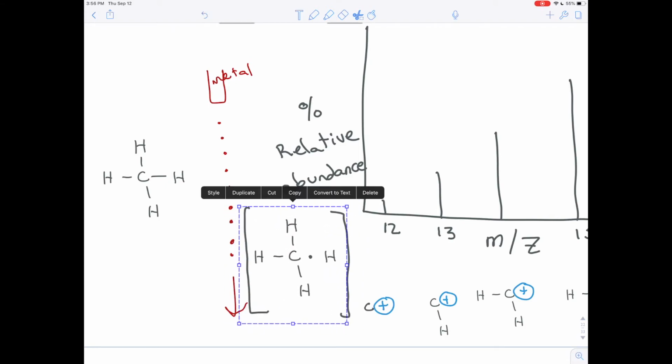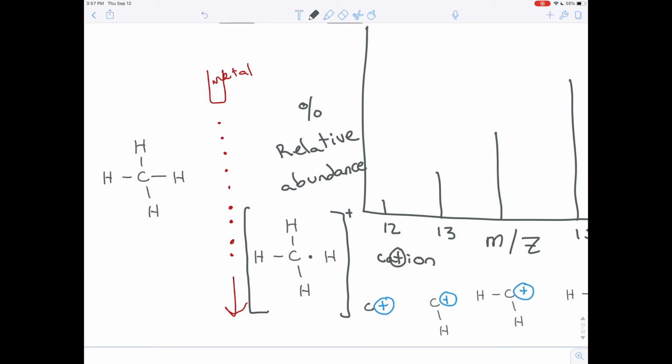But the unique thing about it, so first of all, it lost 1 electron, so it'll have a positive charge. Remember, an ion is something that has a charge. You can have a positive or negative charge. If you have a positive charge, you're a cation. The t sort of looks like the plus sign. A cation. And if you have an unpaired electron anywhere in a molecule, the molecule is called a radical.